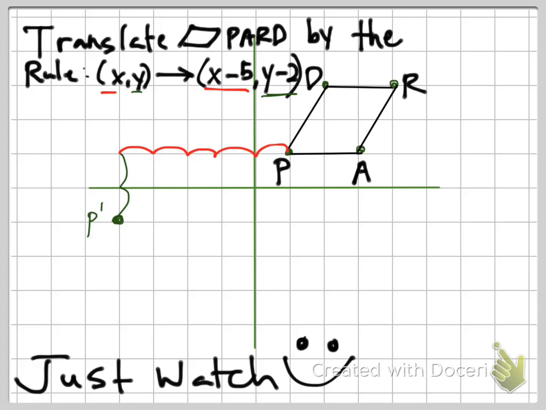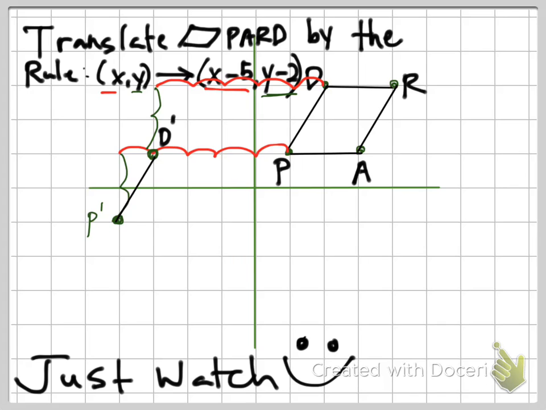So P prime is right there. If I do the same thing to D, move it over 5, and then down 2, I will have a side moved. So PD is right there.